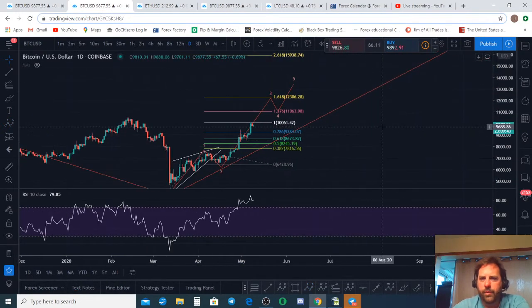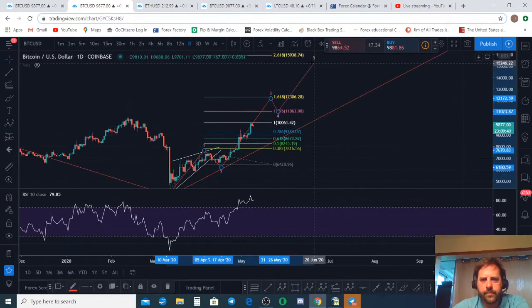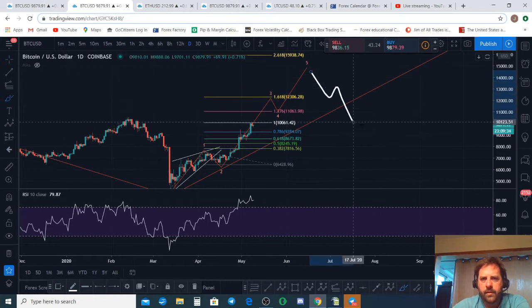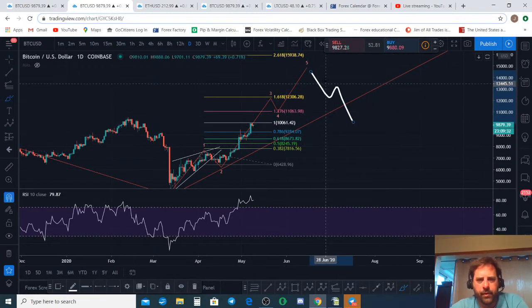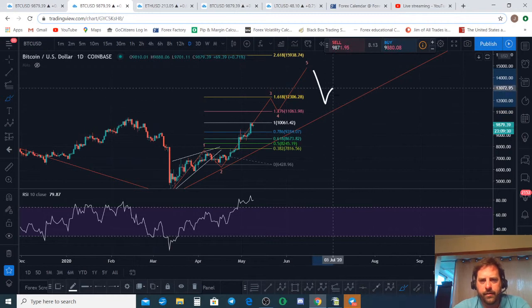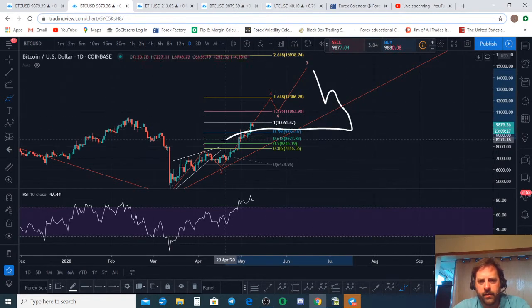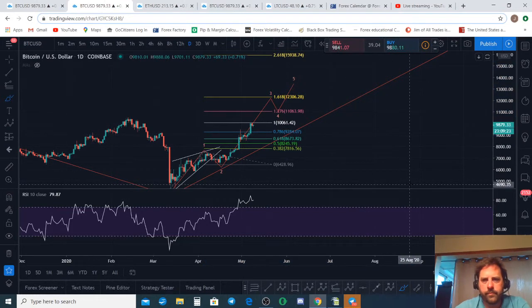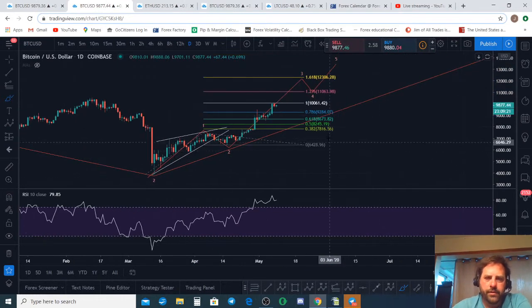That would just be the first wave. And then we'd expect a 3-way pullback of some kind, really quick, and then on we go. So there's the bull scenario.